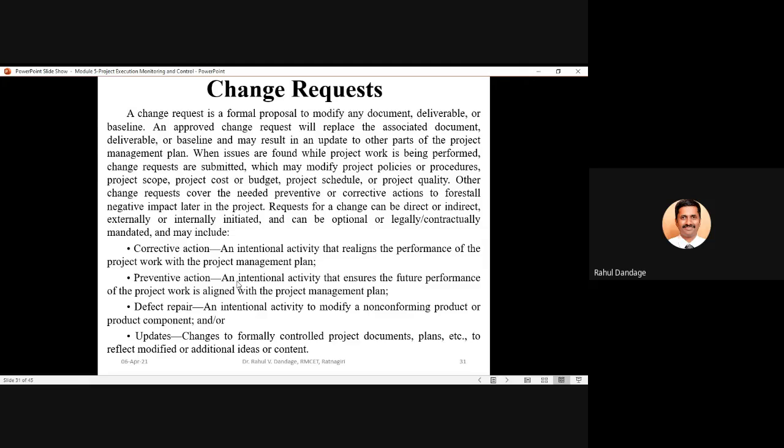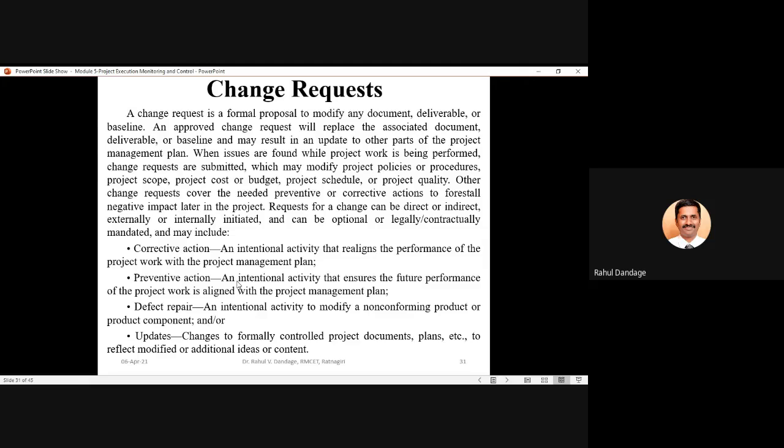So for that purpose, a formal proposal must be submitted by the concerned person working on that particular activity, and he should clearly mention the change which is required, the revision which is required in any particular document or deliverable or baseline which has been pre-established or pre-informed to the stakeholders.